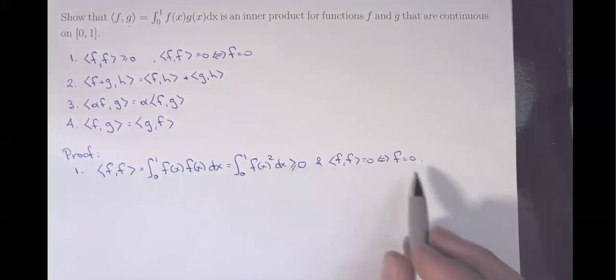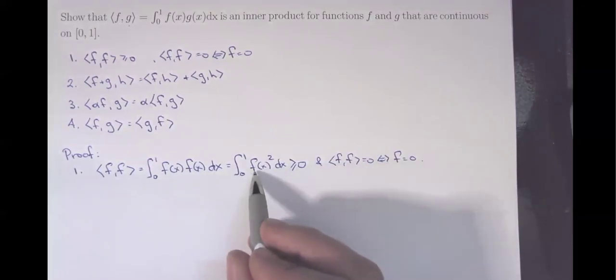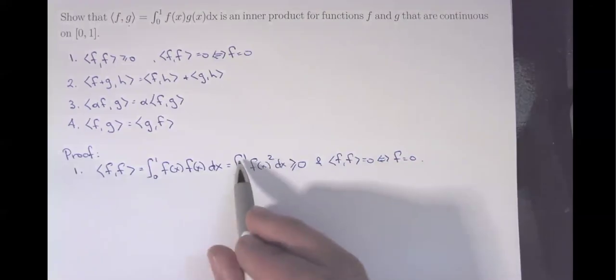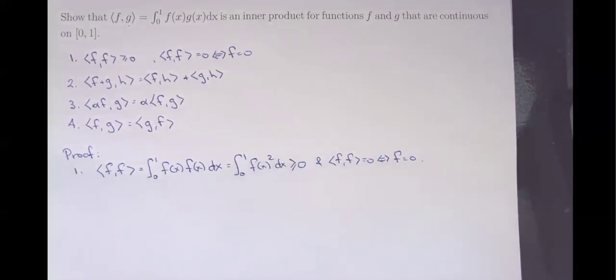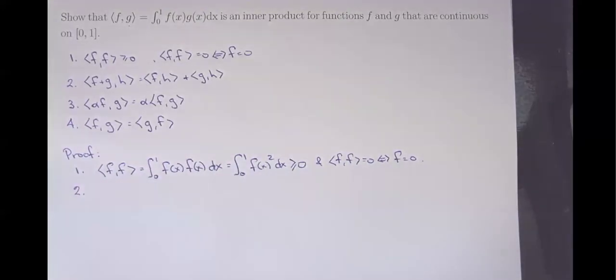Because anytime f of x is different from 0, this gives us a value that's non-zero squared, which gives us a non-zero area under the curve. So property 1 is satisfied.